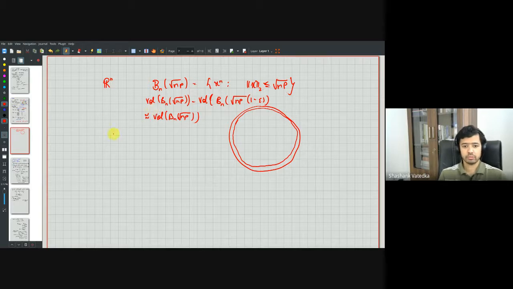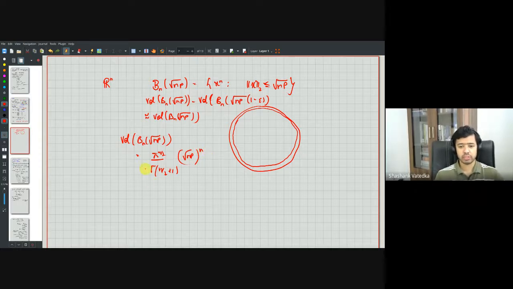All right, so in fact, the volume of Bn of square root np is pi raised to n by 2 divided by the gamma function of n by 2 plus 1, times square root np whole raised to n.